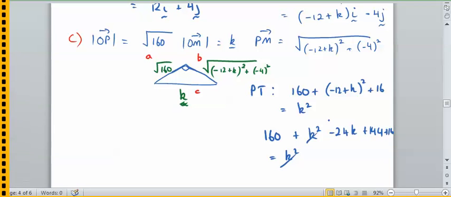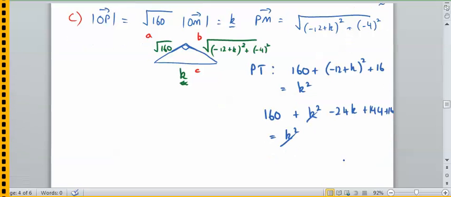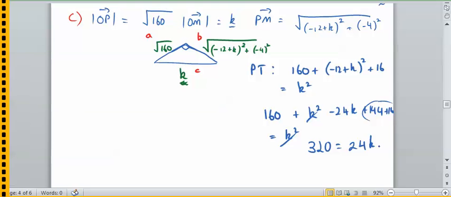Now those k squareds are going to cancel out. So we've got 160 plus 160 is 320, and that is equal to 24k if we rearrange. So therefore k is equal to 320 divided by 24.